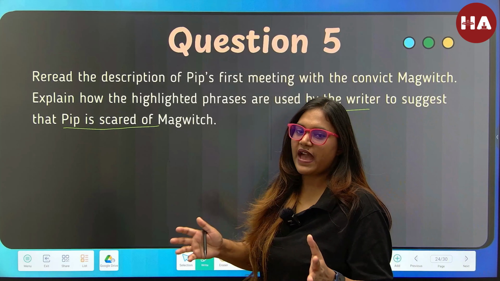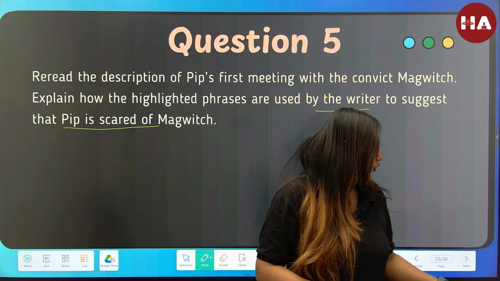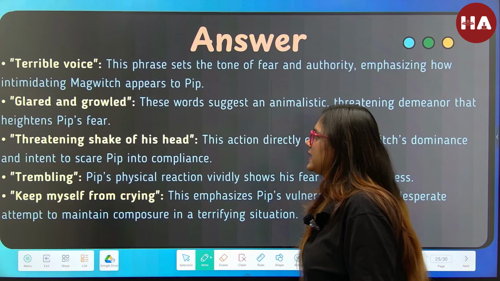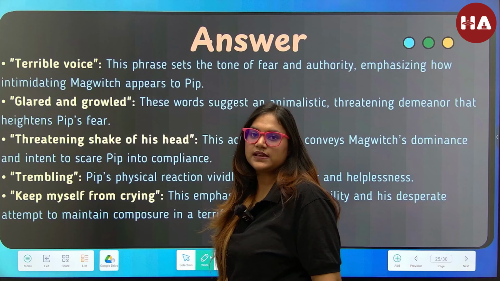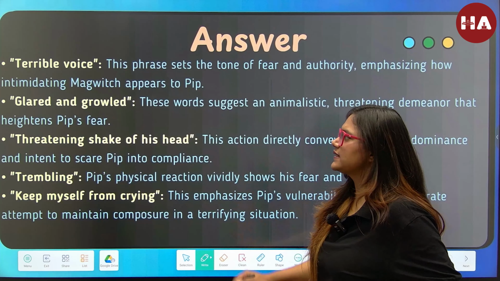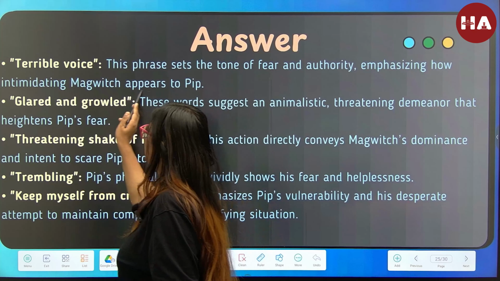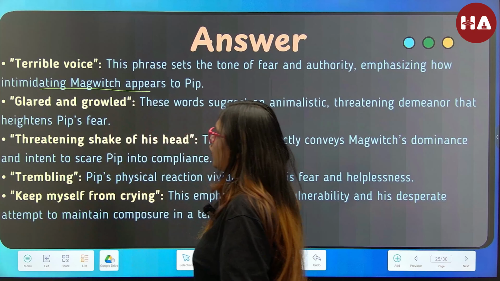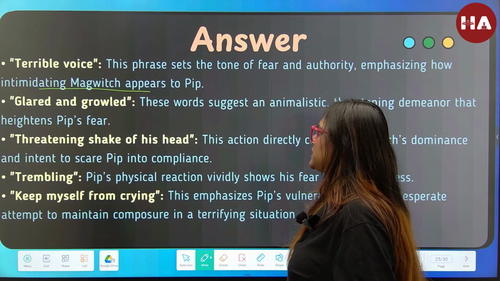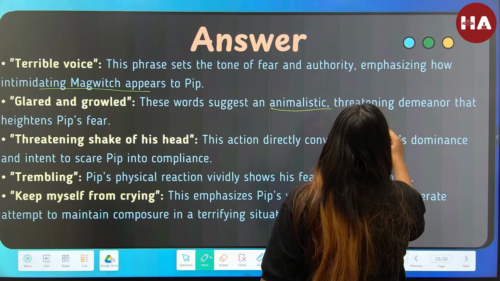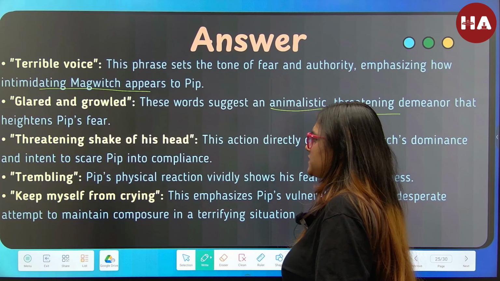I hope you have analyzed the same and explained the highlighted phrases. Let's see. The terrible voice was highlighted, and we have already discussed that it emphasizes how Magwitch appears intimidating to Pip. Glared and growled is animalistic and threatening behavior that heightens Pip's fear.